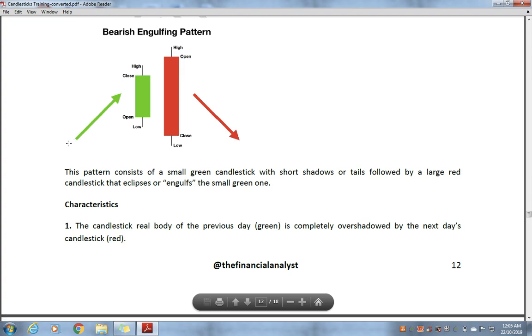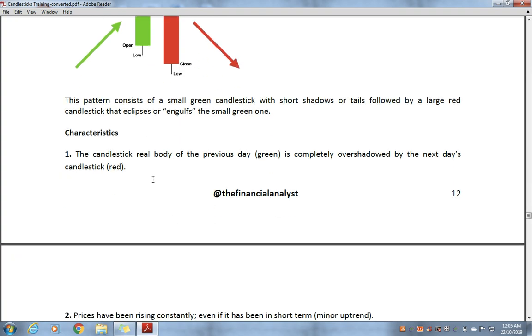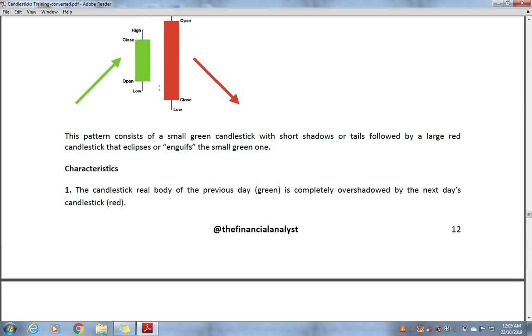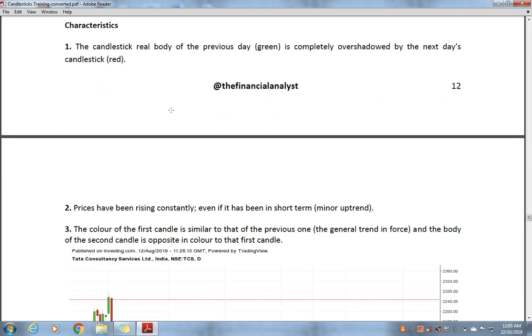So prices rise. At the peak of the uptrend, we see a green candlestick, and the next day it is totally encompassed by a red candlestick, and prices fall. So let us study the characteristics that we already discussed. The candlestick real body of the first day will be green in color, and the next day it is overshadowed by a red candlestick.